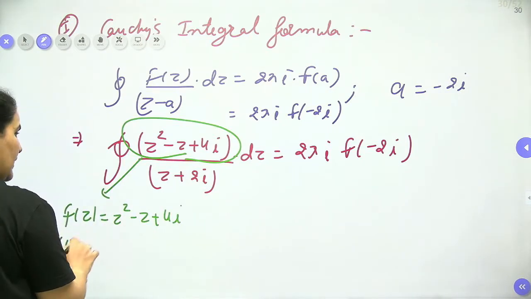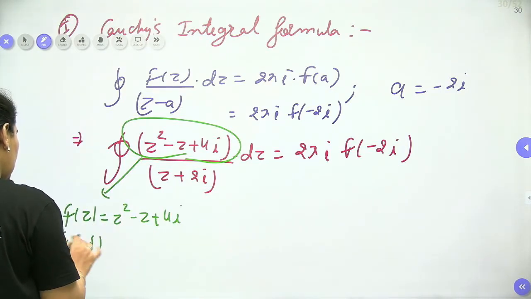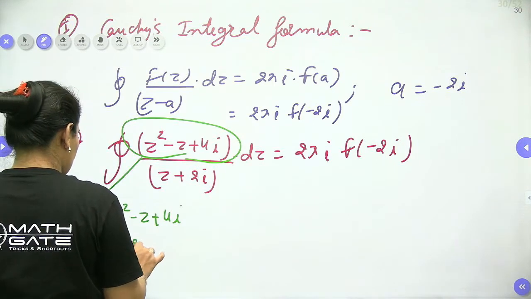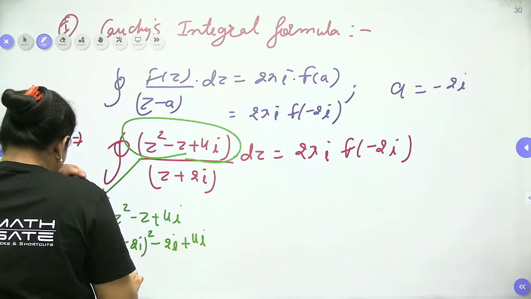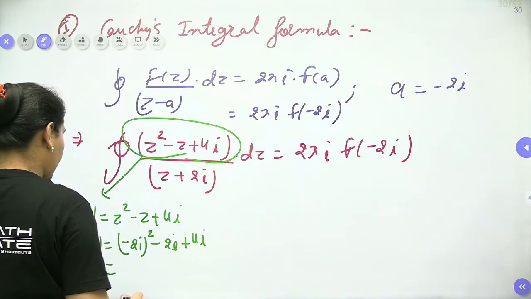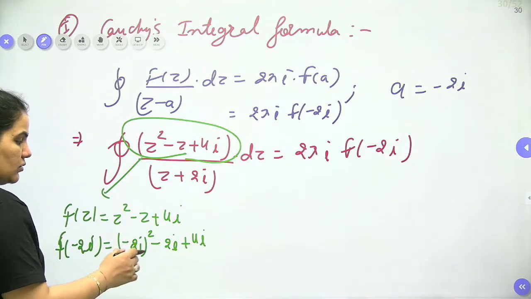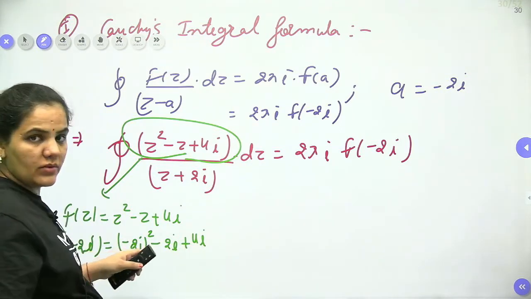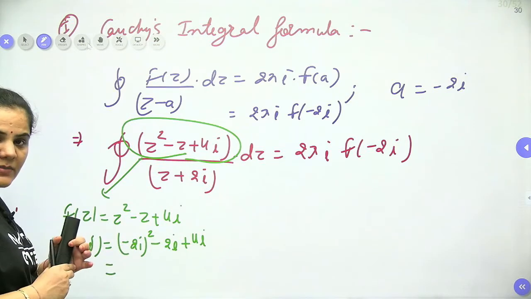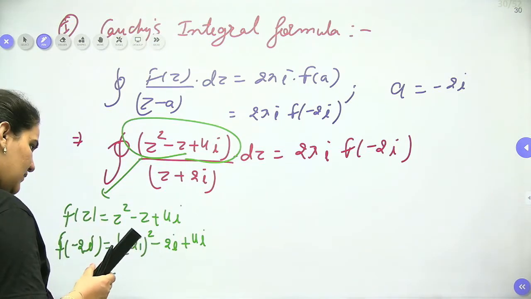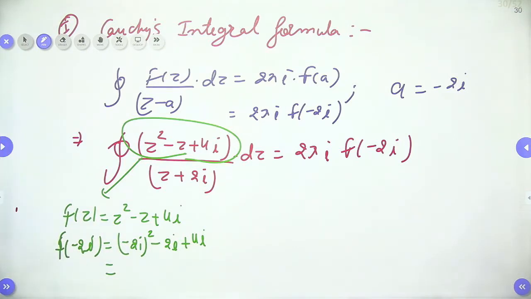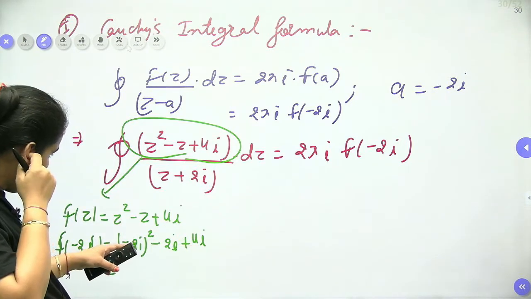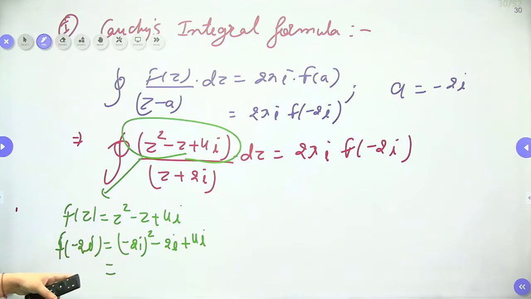If we want to find the value at minus 2 iota, we put minus 2 iota square, minus (minus 2 iota), plus 4 iota. Iota square is minus 1, so minus 2 square gives minus 4 times iota square, that is minus 4. Let me check the signs.